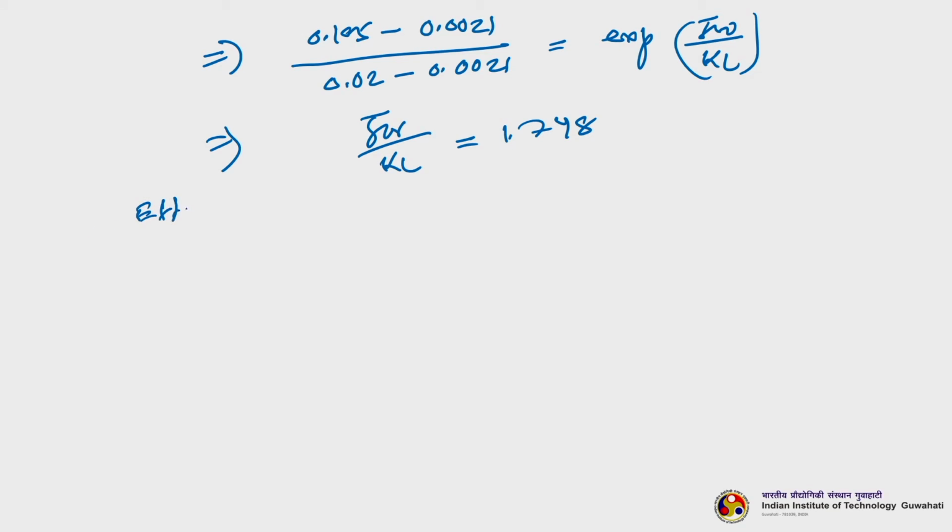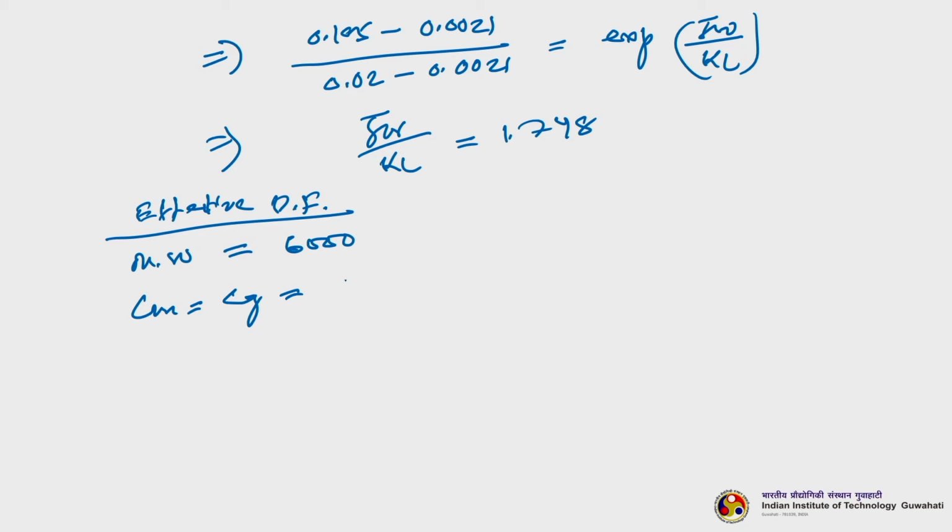So, effective driving force. The molecular weight of the solute is given as 6000. The concentration at incipient gelation, so Cm equals Cg equals 105 divided by 6000 equals 0.0175 gram moles per liter.